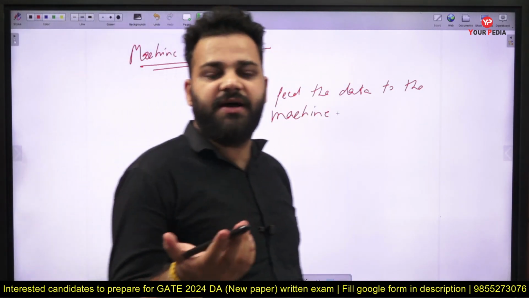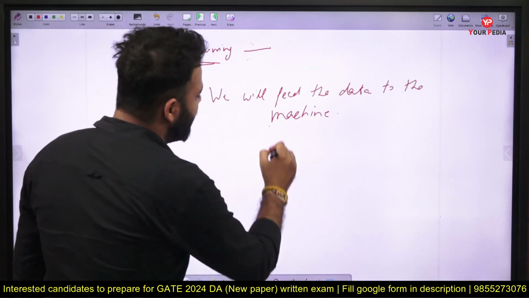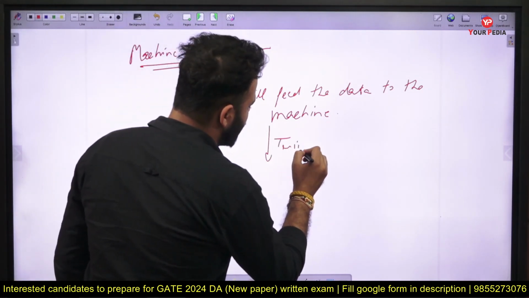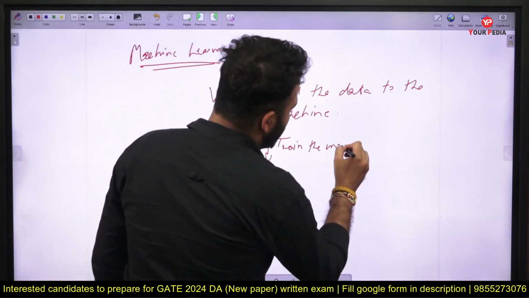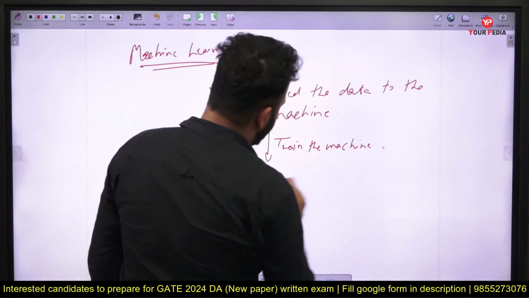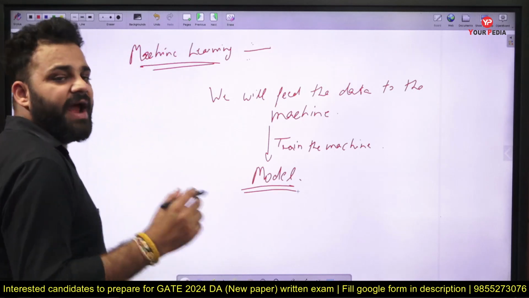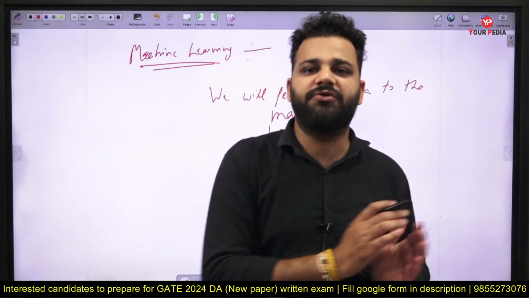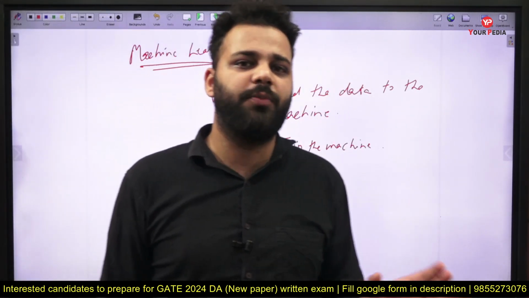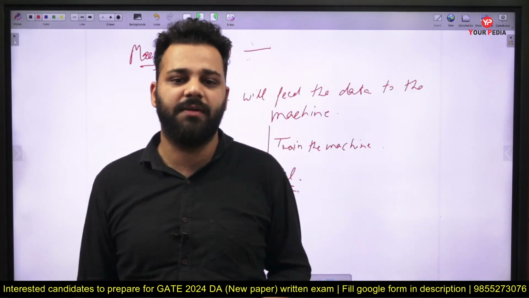Now our machine will be trained on that data. Train the machine on the given data, and we will construct a model. On that model we can give inputs to the machine, and depending on the inputs and the model, the machine will give us some output.